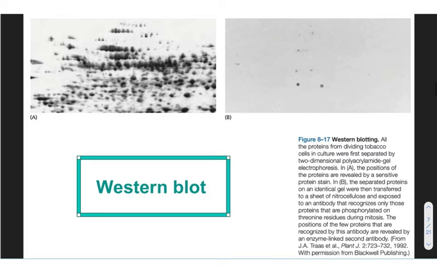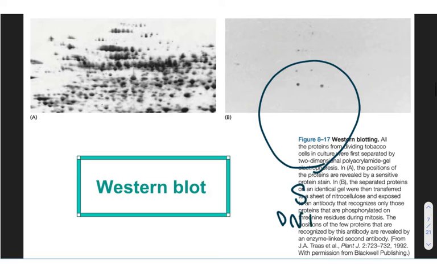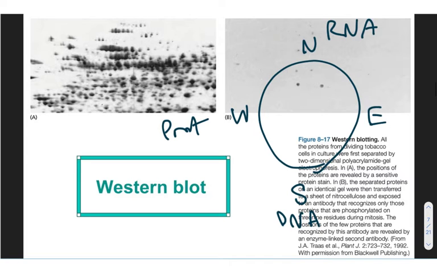So I like to draw the little compass and say that Southern blot is DNA, Western blot is protein, Northern blot is RNA, and Eastern blot actually doesn't exist. And all we mean when we say blot is we do a workup that transfers the things on the gel onto a different surface so that we can image it.